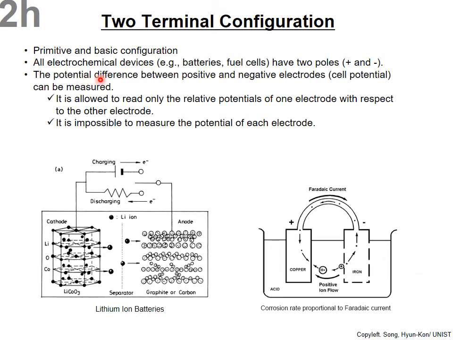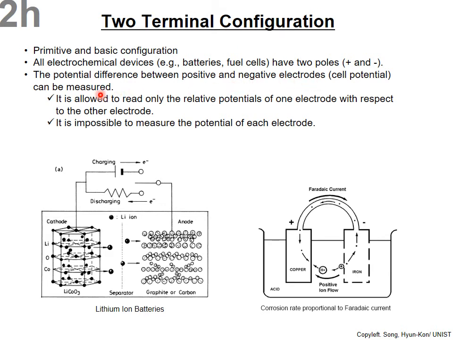The potential difference between positive and negative electrodes, the so-called cell potential, can be measured. I'd like to emphasize one word in this sentence: the difference. So again, let me read it again. The potential difference between positive and negative electrodes can be measured.